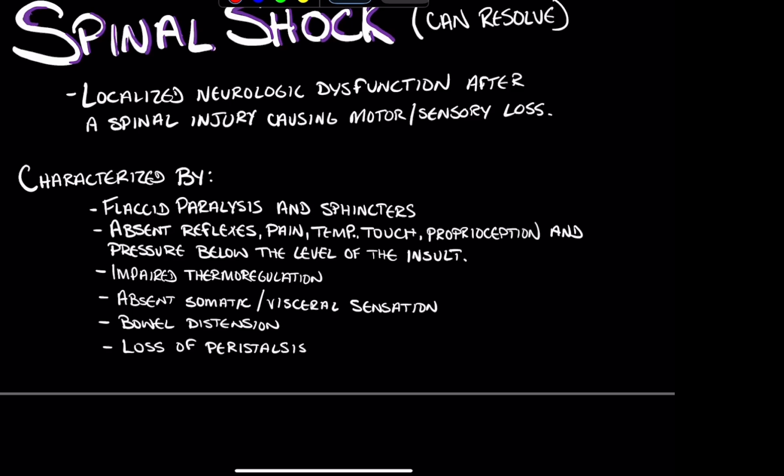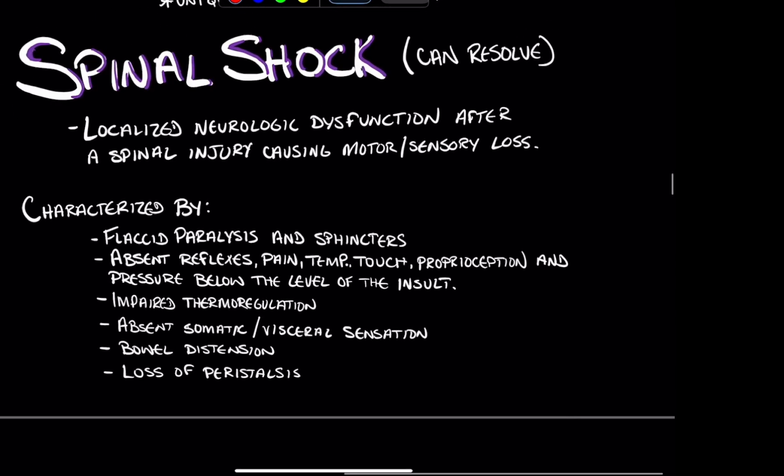If there's an injury site above, like say the abdomen, they're not going to have somatic visceral sensations, so they're not going to feel gut pain, stuff like that, which is going to lead to things like bowel distension and loss of peristaltic function, so they're not going to actually be able to digest food. Bowel tone kind of just all relaxes, so their bowels become distended. Their gut, depending on, again, how high up, you have large and small intestine distension. So those are things you're looking for, that come hand in hand with any kind of spinal injury.